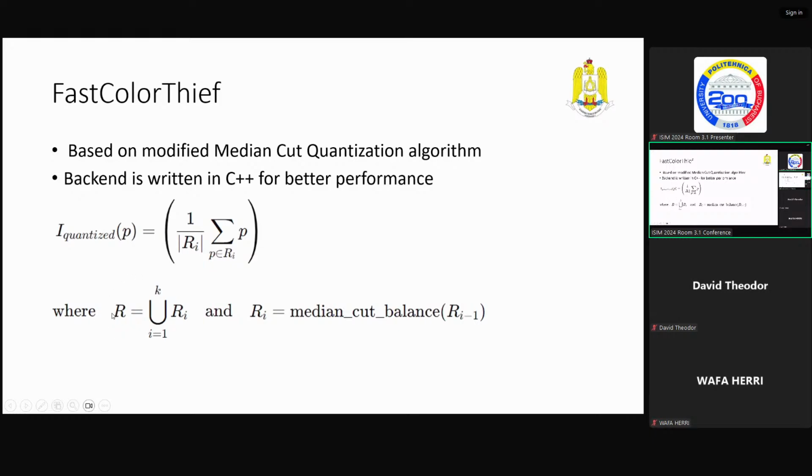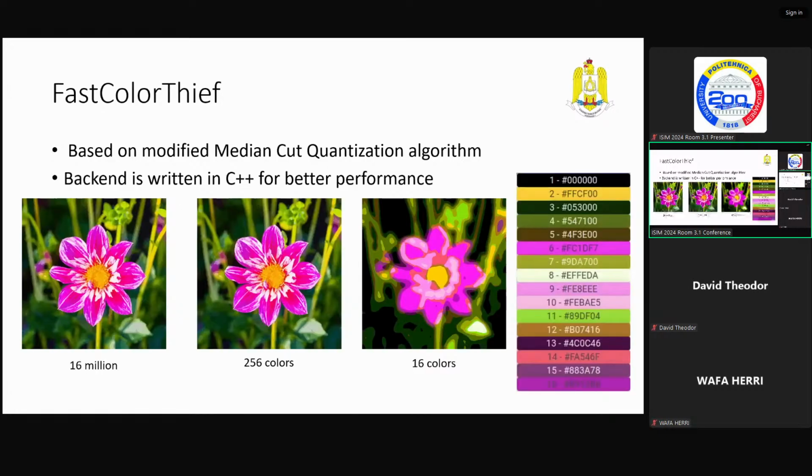The whole region, the whole image, is composed by the K clusters that we want to obtain in the first step. So the colors that we want to obtain. And every region is obtained by multiple application of the median cut algorithm on previous regions.